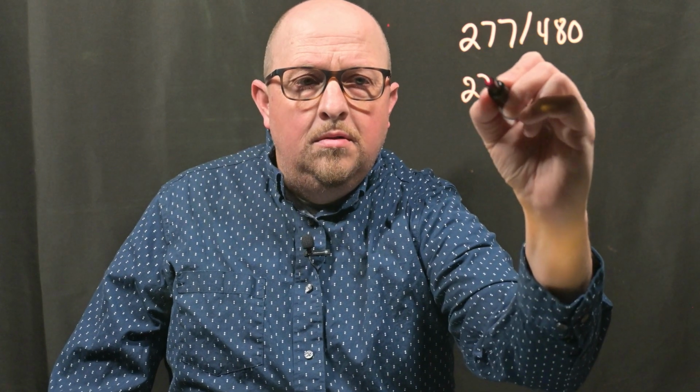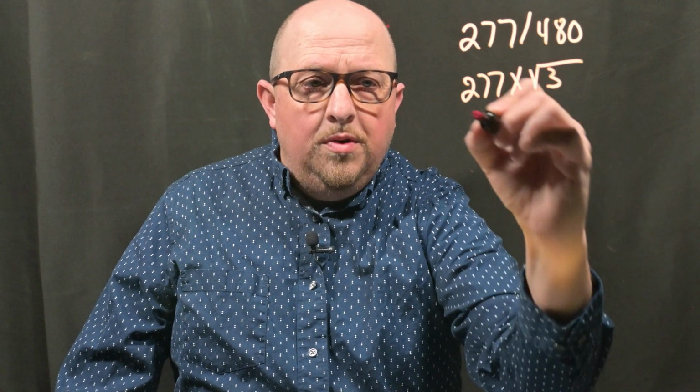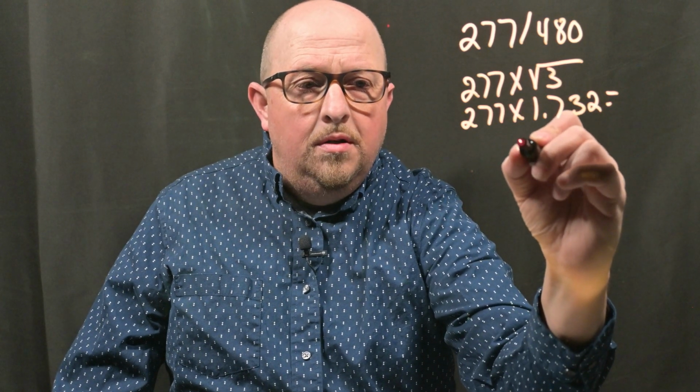The other thing I think would be good for us to discuss is the quick identification of a Y or delta transformer based on the voltages and the slash ratings. Again, real fast, if I had a 277/480 volt transformer, I take the lower of the slash rating, 277, and multiply it by the square root of 3, which is equal to 1.732, and I get 480 volts.